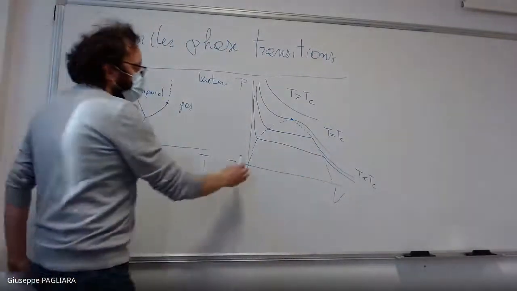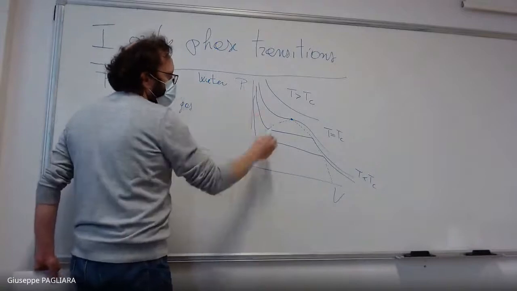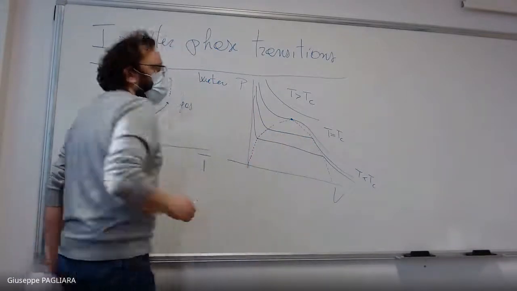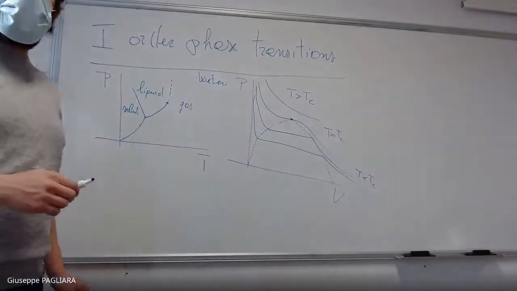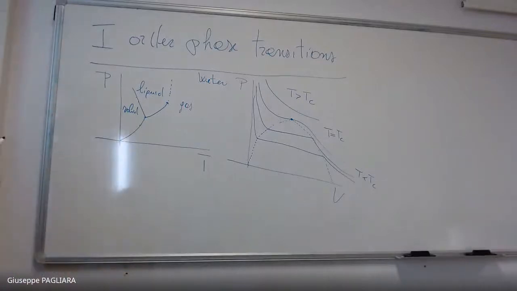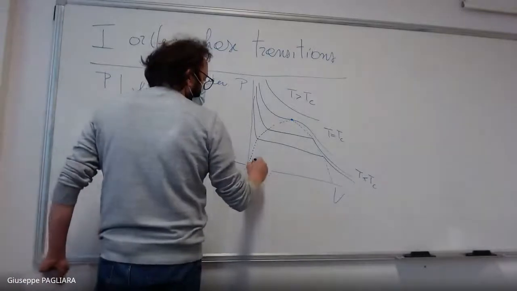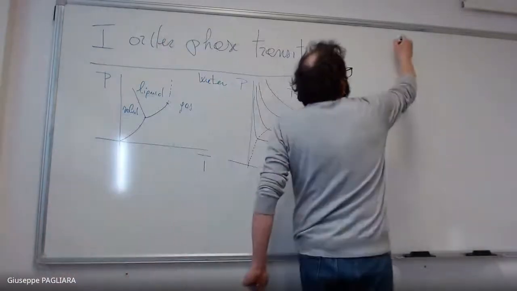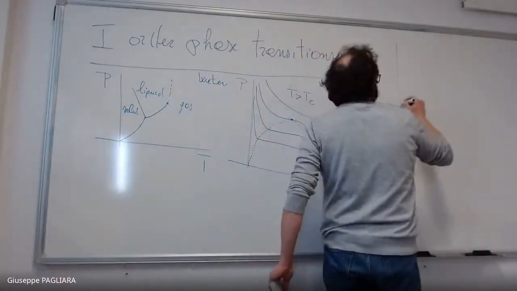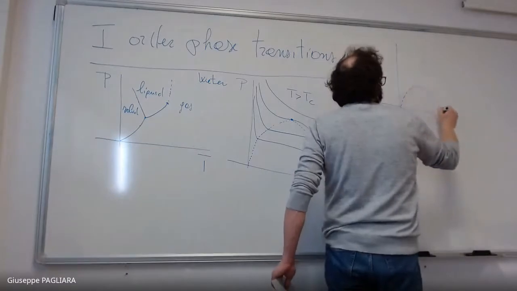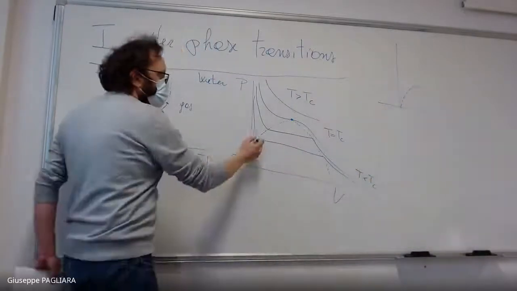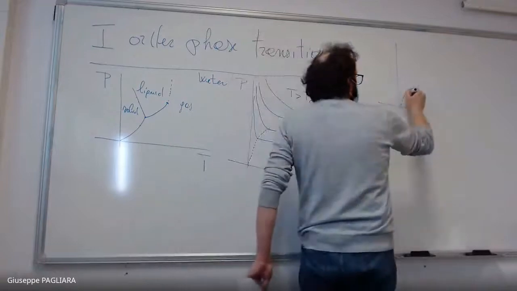And all this region here, or the phase of the PV plane, below this dashed line, basically is the region in which you can have a mixed phase. Okay, so this region here, I'm just repeating this plot. These are the mixed phase.